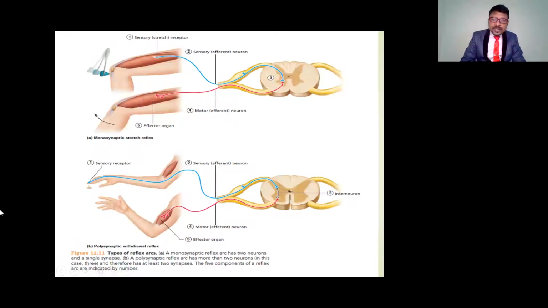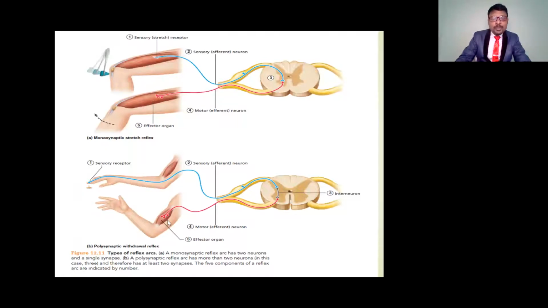So to get the reflex, all should be intact: the sensory receptor, the sensory nerve, the center, the spinal cord, and the motor nerve. Then we get the effector organ response. Effector organ means the target which is going to contract. It gives signals to the biceps, the biceps contracts, and then it gives the elbow movement.